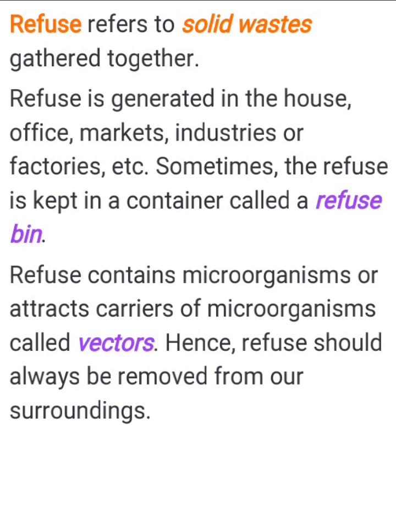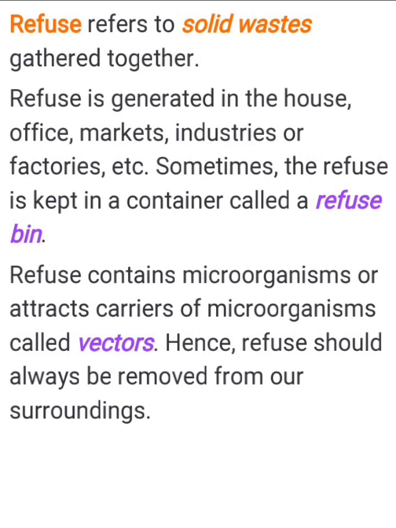Refuse contains microorganisms or attracts carriers of microorganisms called vectors. Microorganisms are small organisms that cannot be seen with the unaided eye except with the aid of a microscope. They usually go with refuse. Sometimes refuse attracts carriers of pathogens, that is, microorganisms that cause diseases.